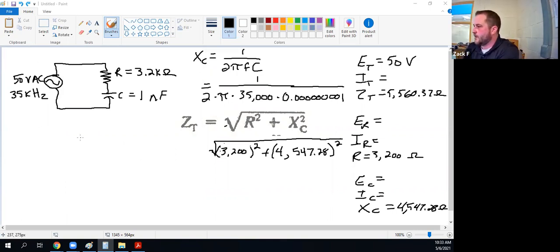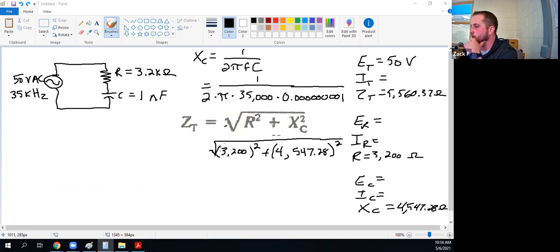Okay, now what can we do? What? You're lost? On which part? Formula. Because I got 3,200. So this is our formula, right? The square root of r squared plus x sub c squared.